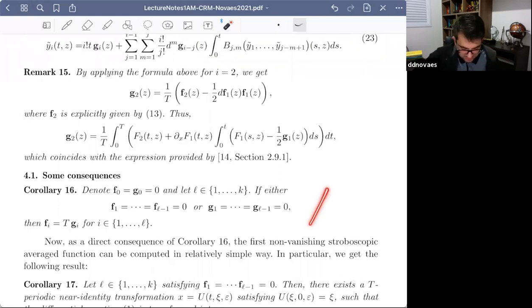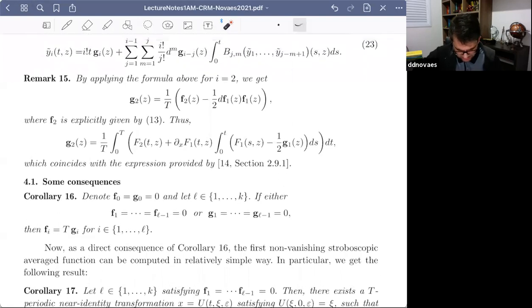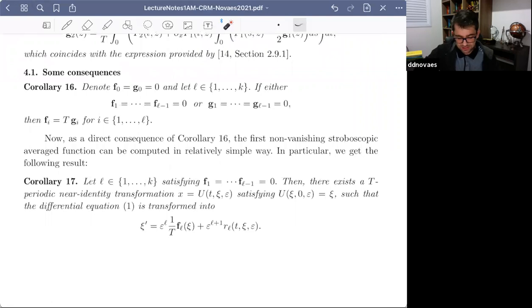So this is a first consequence, and another consequence is that we can come back to the averaging-like result about conjugation of differential equations, but now using the Melnikov function FL. So let L be the index of the first non-vanishing averaged function.